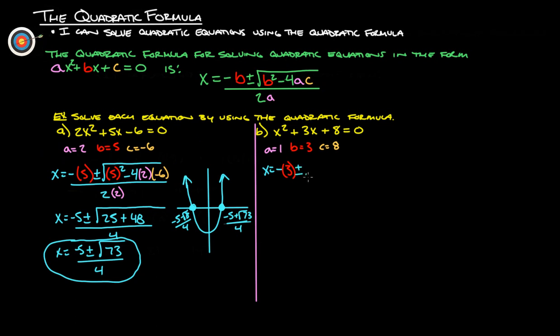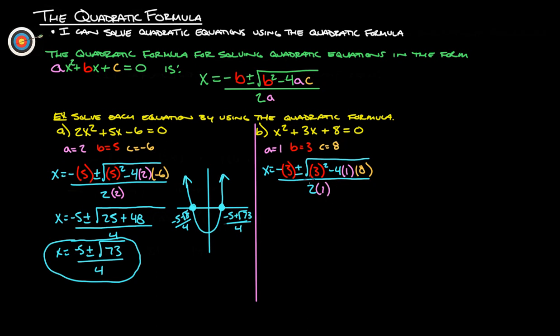Plus or minus the square root of B, again, squared, minus 4 times A, which in this case is 1, times C, which is 8. And that whole thing is all over 2 times A, which is 1. Okay, so that's all color coded there.